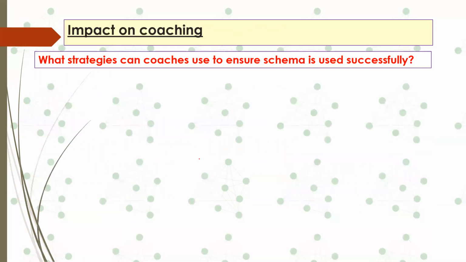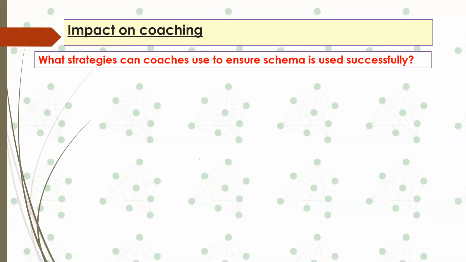Okay, so the final part of this, we'll just run through this nice and quick, is the impact on coaching. So the use of schema theory when coaching. What strategies could coaches use to ensure that this is successful? So bearing in mind, performers may have this general motor program that's been developed or is in the process of being developed.